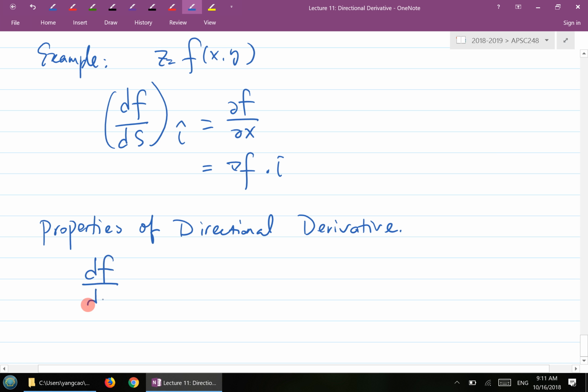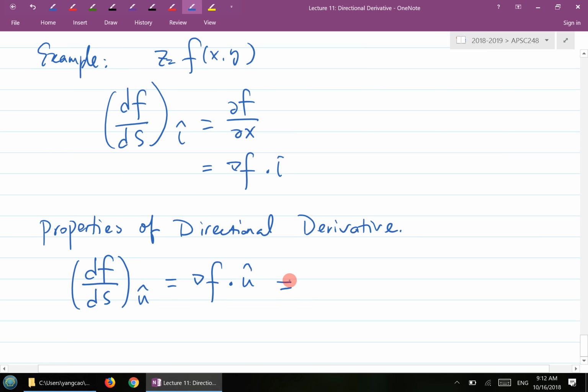The properties of a directional derivative result directly from the formula here. This is the formula for the directional derivative. It's a dot product. So you have a vector, which is the gradient vector, and you have the unit vector, which is the direction of changing.